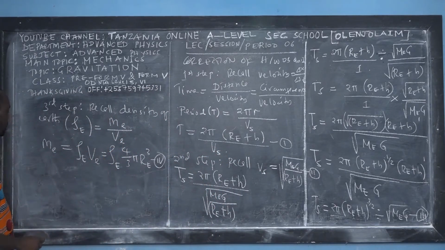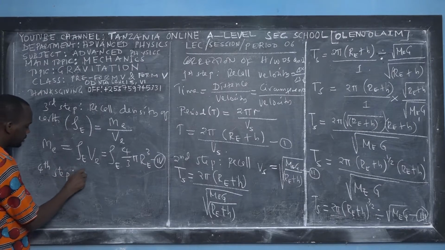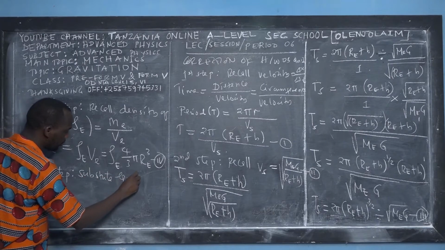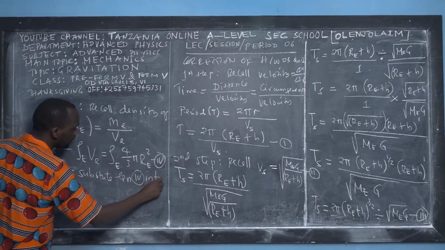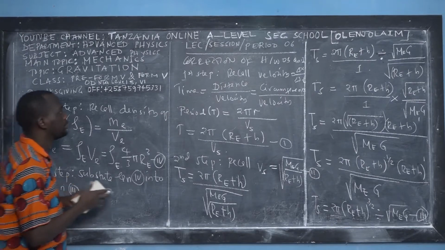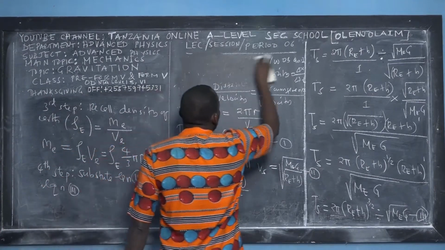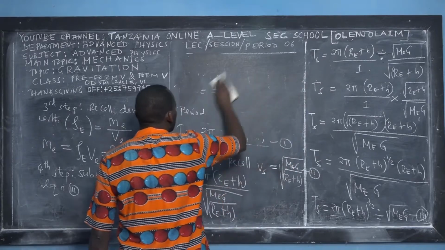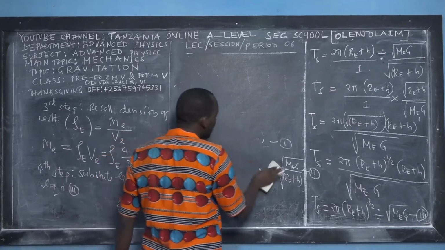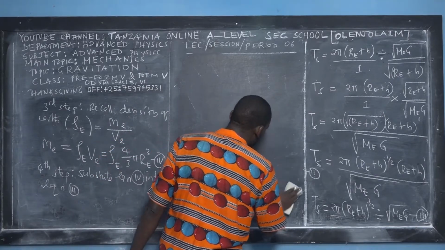So now the first step: substitute equation 4 into equation 3. Okay? So how do we substitute it? In case you have any question, don't hesitate to use the comment section and ask your questions.